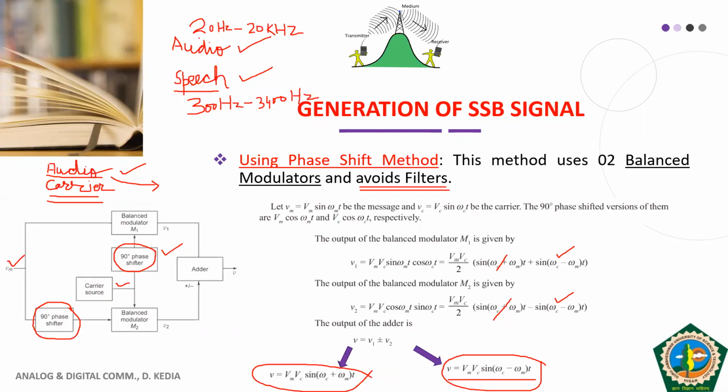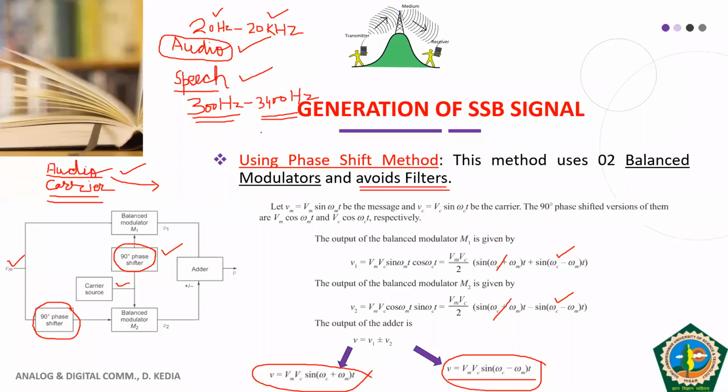We can listen through our ears the frequencies from 20 hertz to 20 kilohertz, whereas we can speak out from our vocal cords just a frequency range from 300 hertz to 3.4 kilohertz.